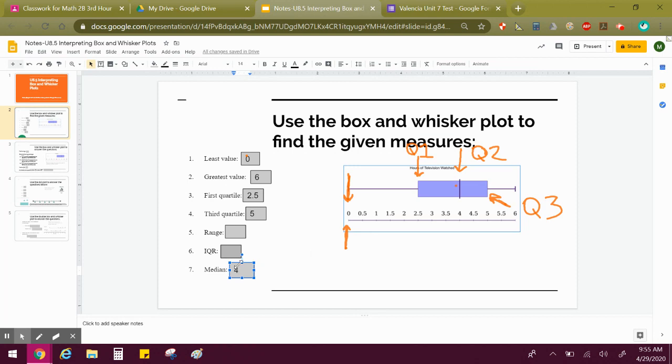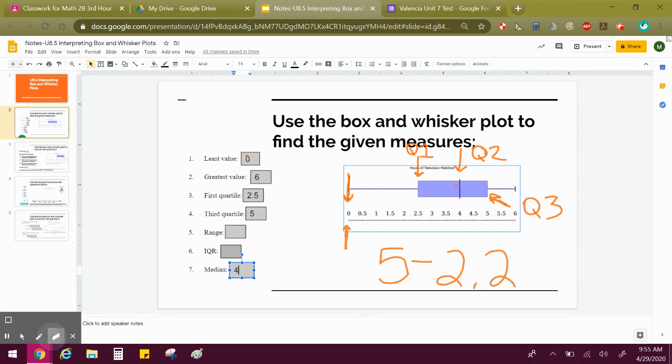Okay, so then if I want to find the IQR, I'm going to skip around here. IQR is the interquartile range. So the range within the quartiles. So how far is it from Q3 to Q1? To find that out, I'm going to subtract them. I'm going to take 5, which was Q3, minus my Q1, which is 2.5.